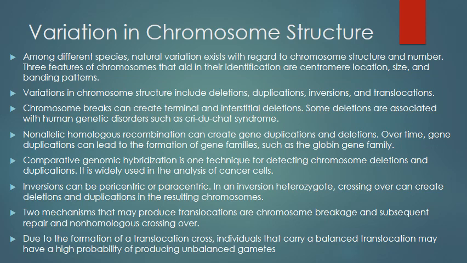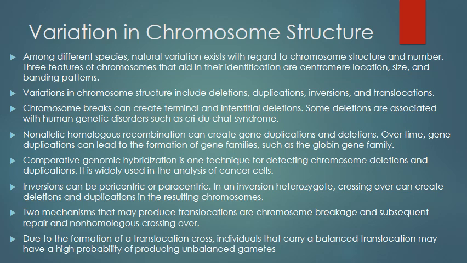Variations in chromosome structure include deletion, duplication, inversions, and translocation. Chromosome breaks can create terminal and interstitial deletions. Some deletions are associated with human genetic disorders such as Cri-du-chat syndrome. Non-allelic homologous recombination can create gene duplication and deletion. Over time, gene duplication can lead to the formation of gene families such as the globin gene family.